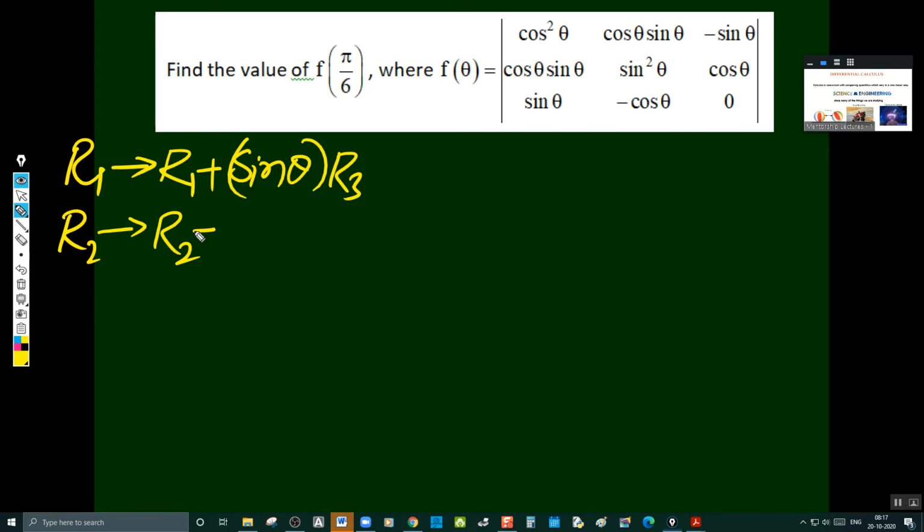R2 plus cos theta, minus cos theta R3. So R1 will become 1, 0 and minus sine theta. You're right. So let us apply this.